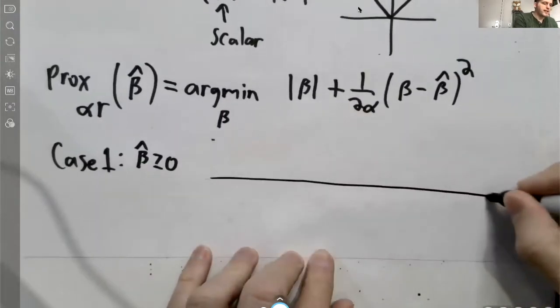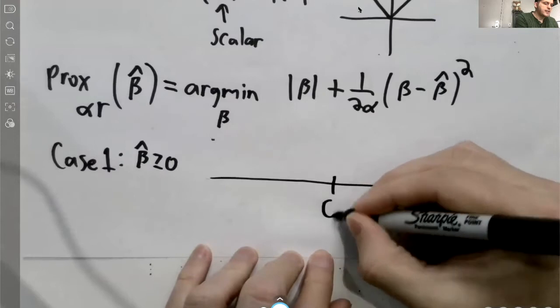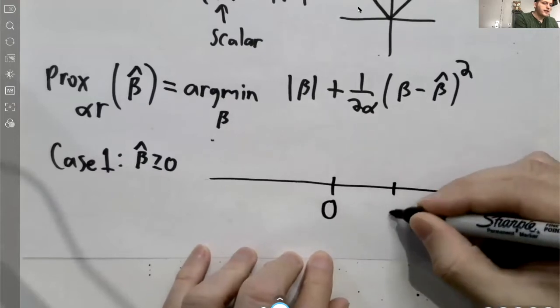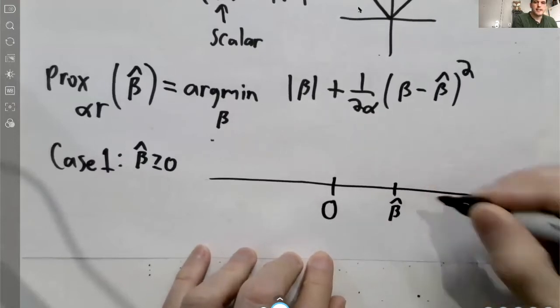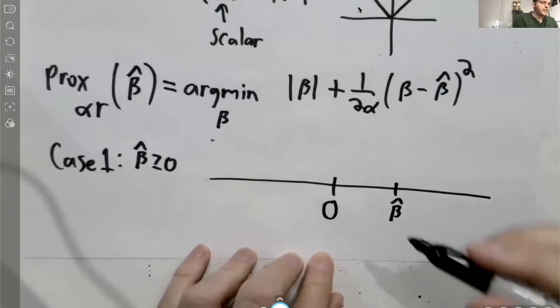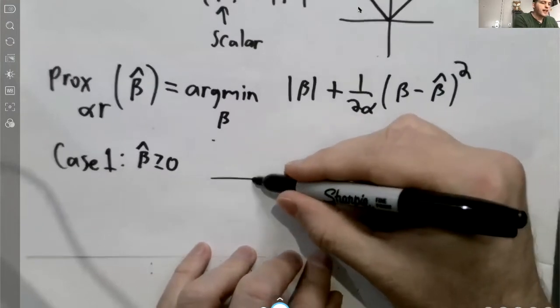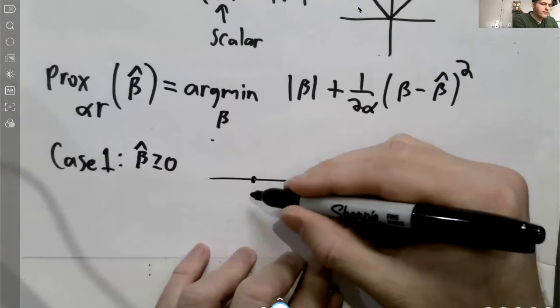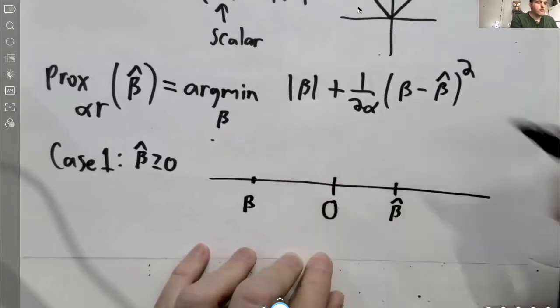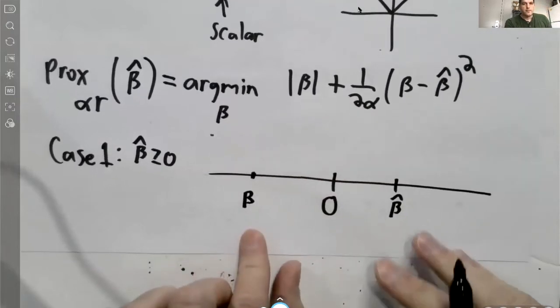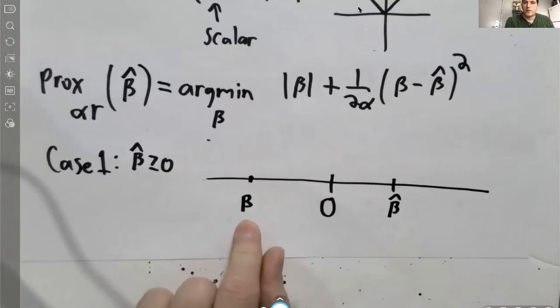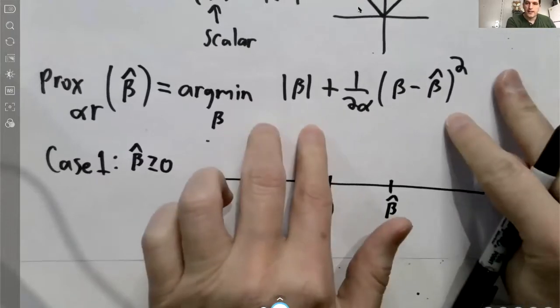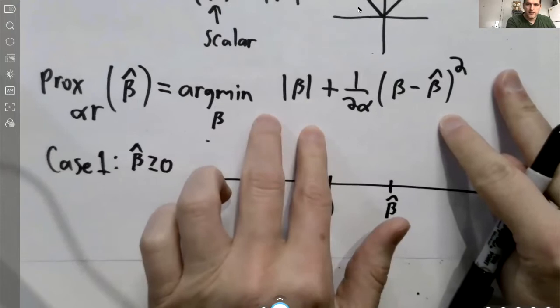Here's the number line. Here is 0. Here is beta hat. It's some non-negative number. Suppose that we're considering a candidate value for beta, which is a negative number. Is it possible that this number beta is a minimizer of this objective function here?